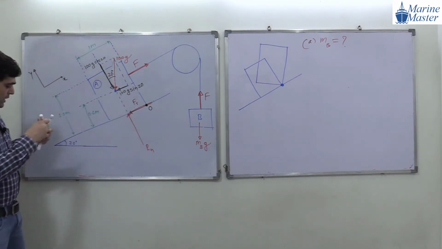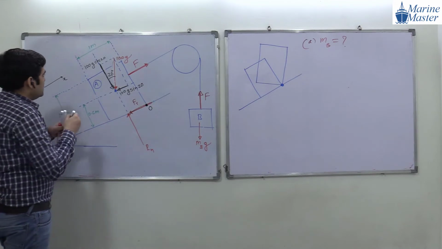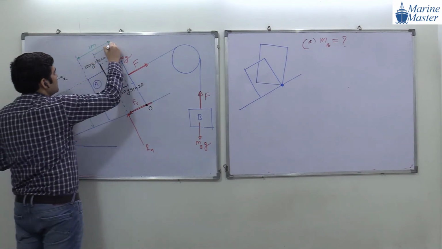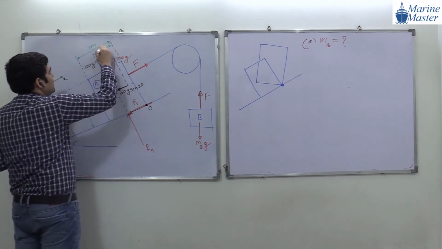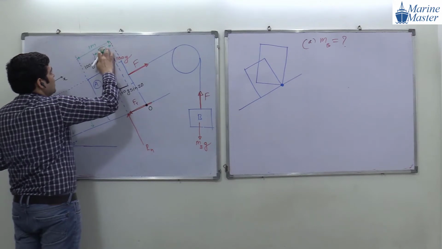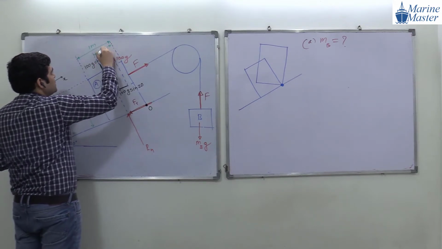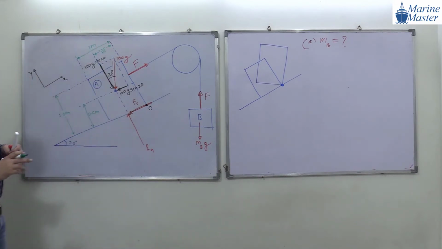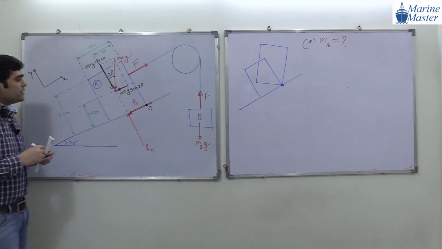Very good. And here I will show this distance, which is 0.5 meter. There are a lot of complications in this drawing, so please be careful in everything. So this is our scenario in this drawing.